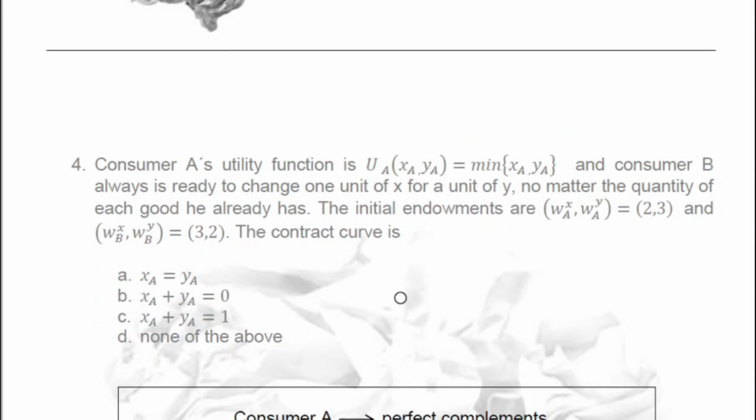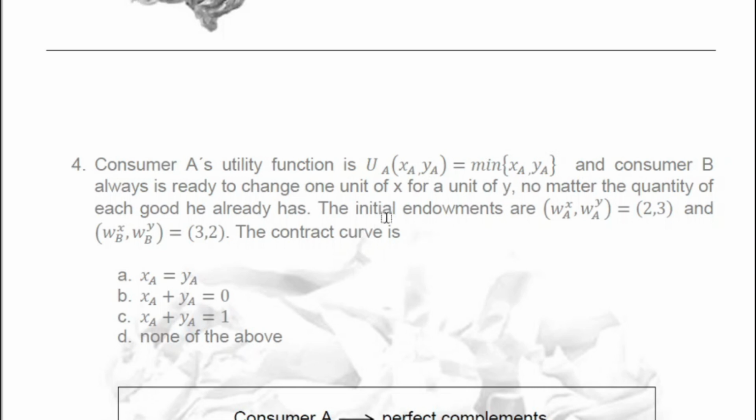Now, number 4. Consumer A's utility function is this one, so X and Y are perfect complements for consumer A. And consumer B is always ready to exchange 1 unit of X for each unit of Y, no matter the quantity of each good he already has. So for consumer B, X and Y are perfect substitutes at the rate 1 to 1.